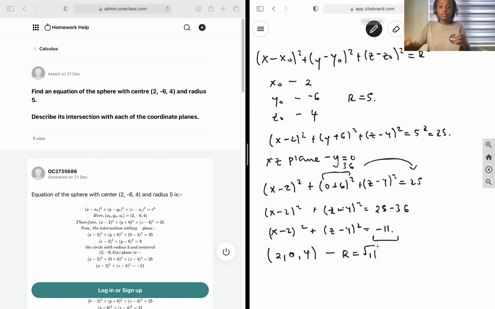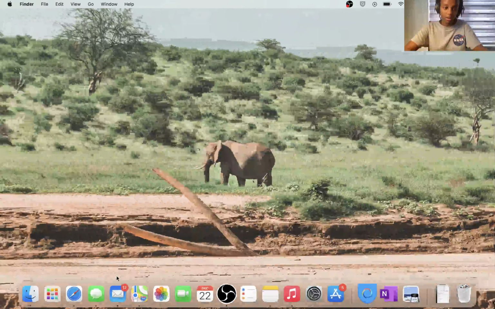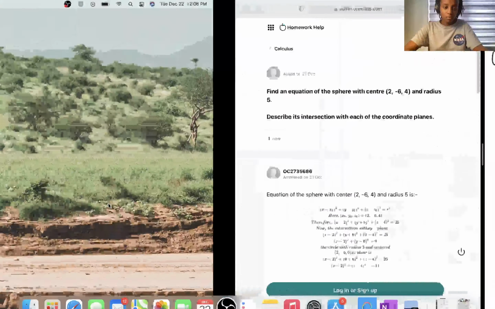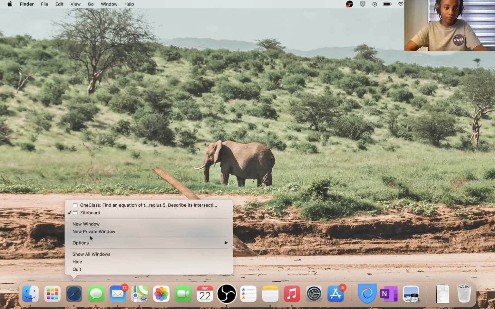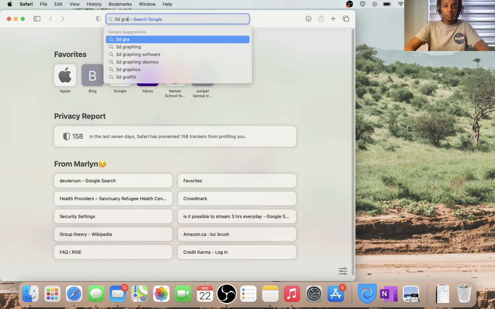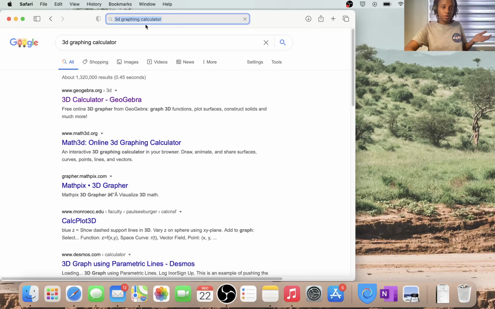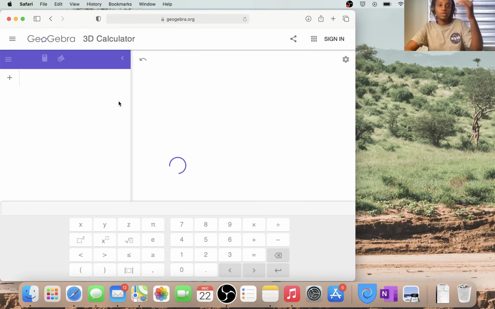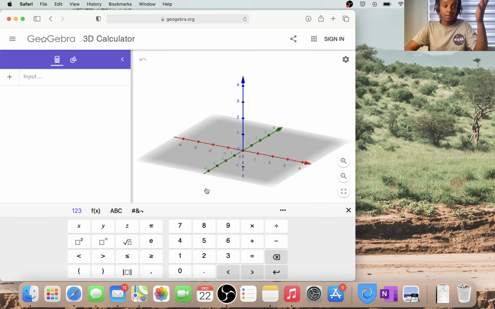So let's go on over to a 3D graphing calculator to see what that actually looks like. It's always great to have a visual for your math problems, and GeoGebra provides that. And so let's just plug in our equation.